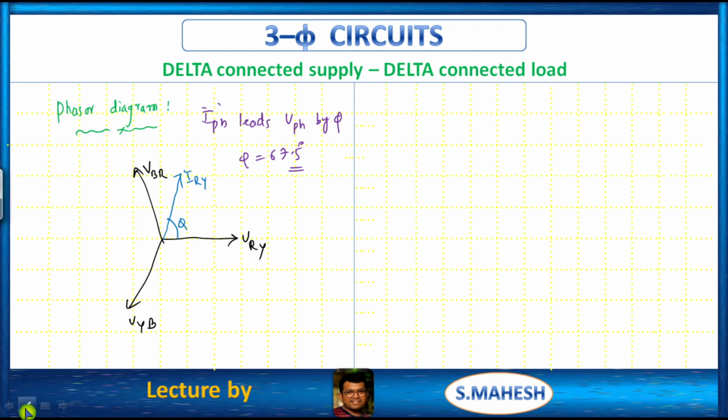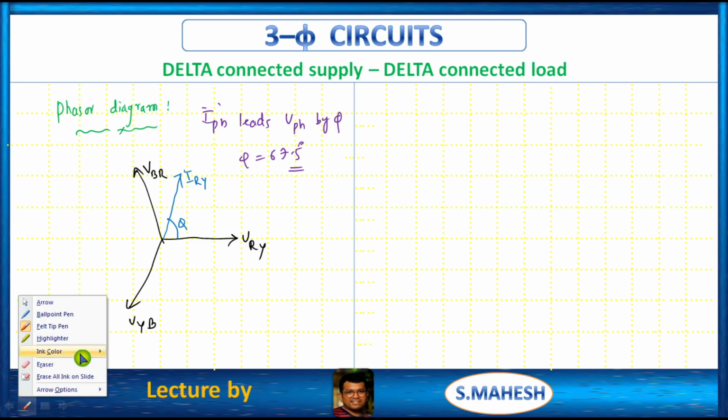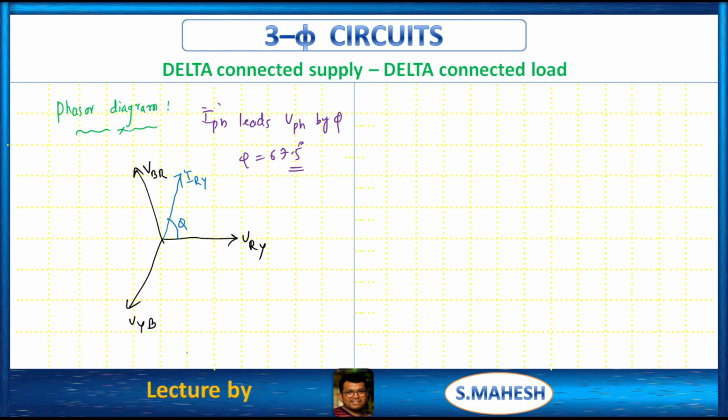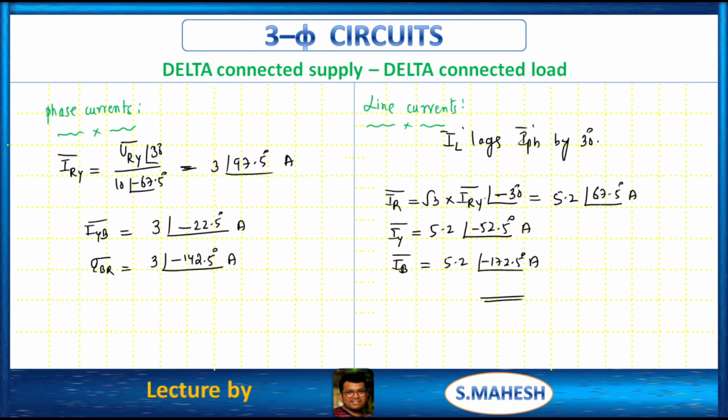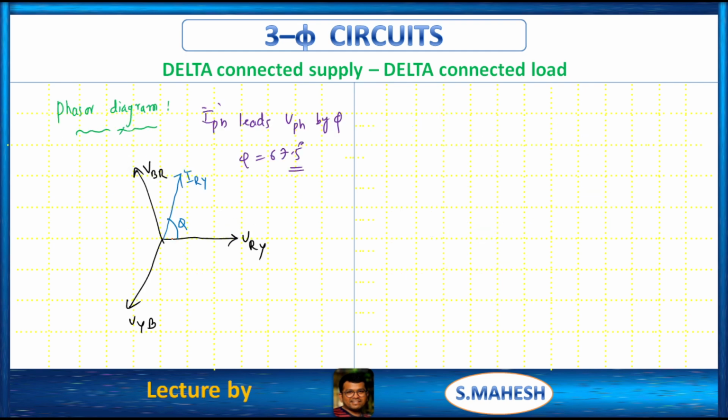Then we have to get the line current. What is the angle? See, the line current IR is 67.5, but here the phase voltage is starting from plus 30. So it is 67.5 minus 30, that is 37.5.